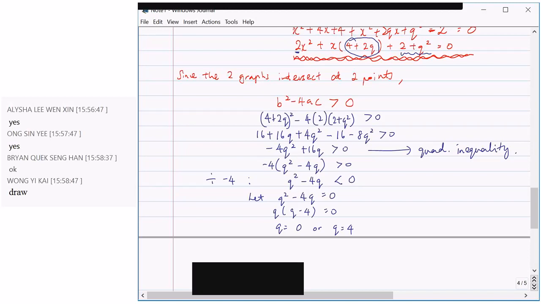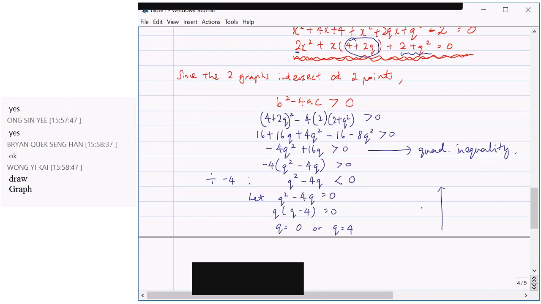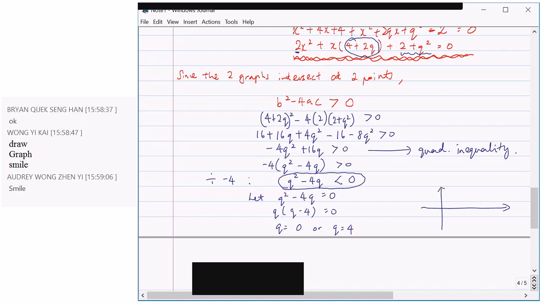I draw the graph, exactly. So I draw the graph by the side. Is this smiling or frowning? Go back to what is the final inequality we're looking for. Smiling, very nice. And the roots are 0 and 4.